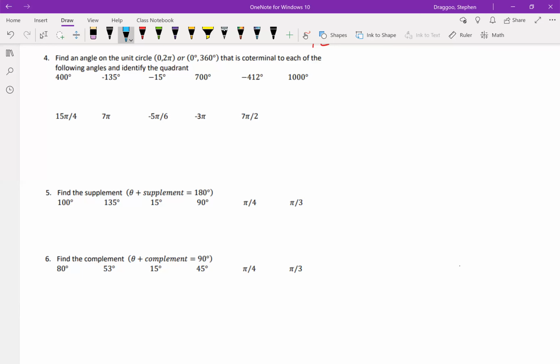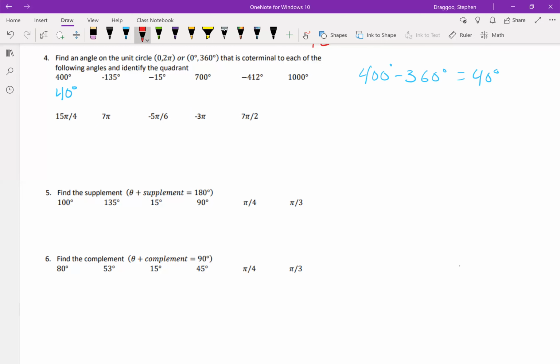So for that first example, I'll take 400 and I will subtract 360 degrees and come up with 40 degrees. Meaning that 40 degrees and 400 degrees are coterminal, so they point in the same direction. 400 degrees is just looking in a direction that's 40 degrees, but spinning in an extra circle.